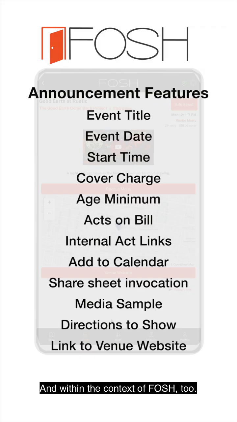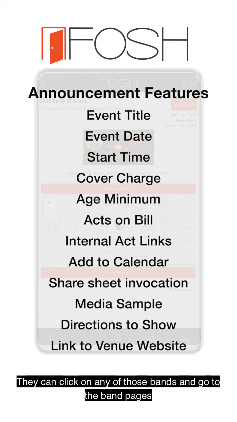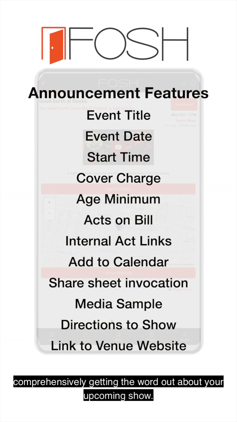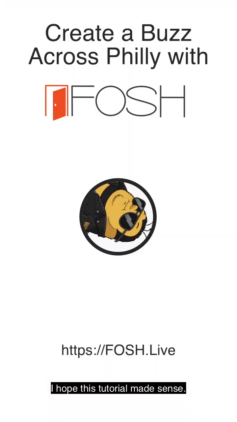And within the context of FOSH too, they can click on any of those bands and go to the band pages where the band has all of its social media channels and the media sample of its own. So it is a great way of just very easily, very efficiently, and very comprehensively getting the word out about your upcoming show. I hope this tutorial made sense.